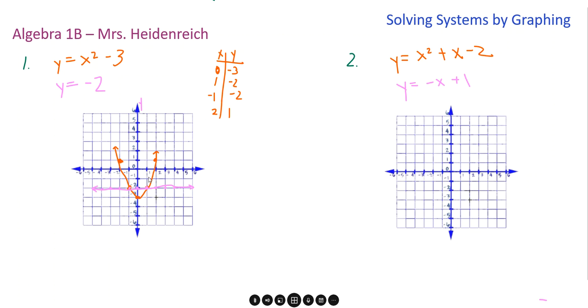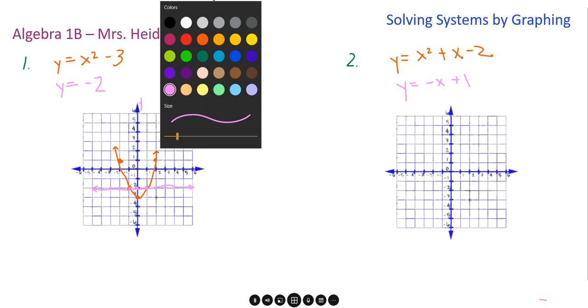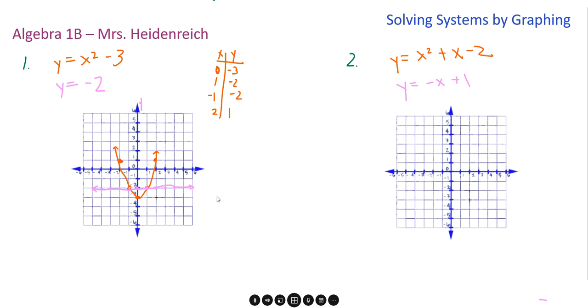And like we learned in our last video, we know that the solutions are where the two graphs cross. So my two solutions are at 1 comma negative 2 and at negative 1 comma negative 2.